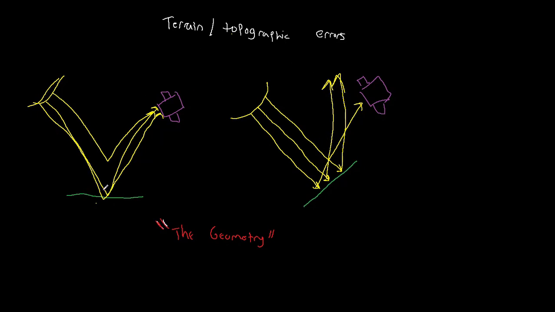So even if this was, say, a leaf, and this was, say, a leaf, the fact that this is now on a slope compared to this being flat has now changed the angles with which the light is bouncing off, which is going to change the way and the amount of radiation that the sensor receives. So even though it's emitting the same amount, it's in the same place relative to the sensor, simply changing the angle of the Earth's surface here is causing less radiation to be reflected in a direction that hits the sensor.